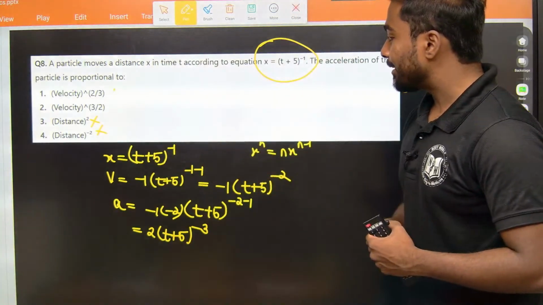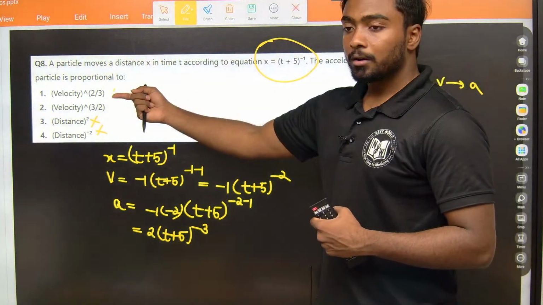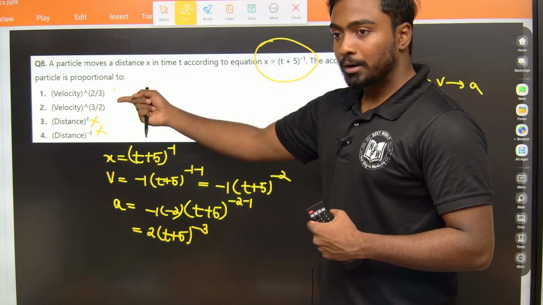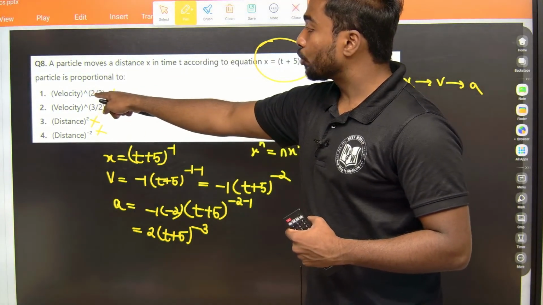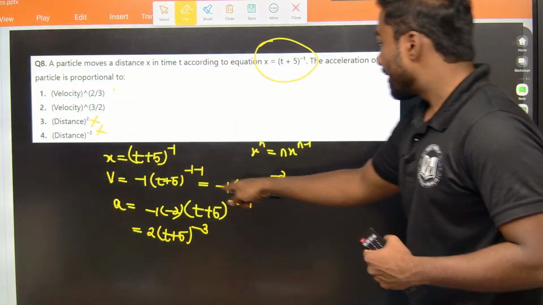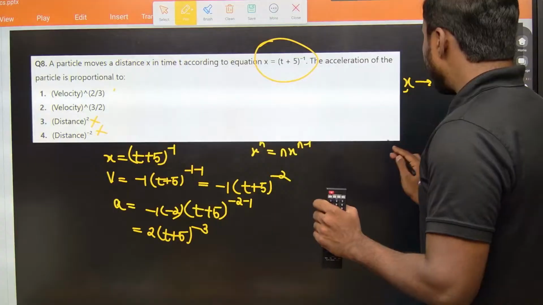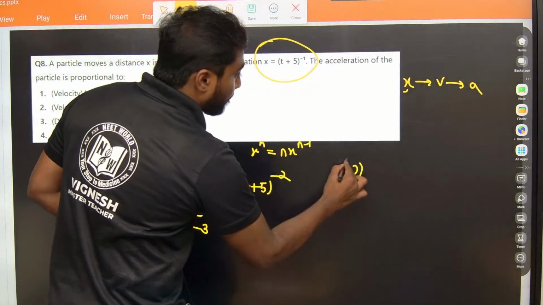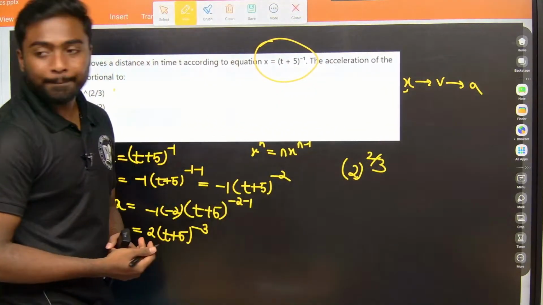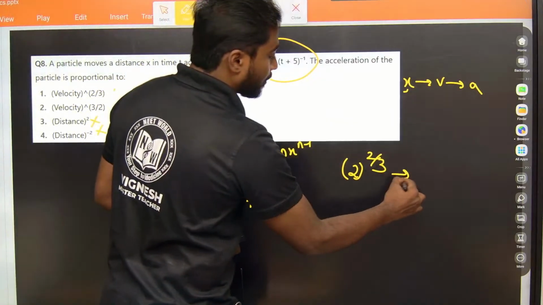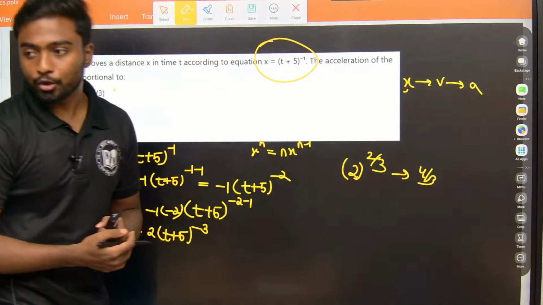But when I see option 1, it is velocity power 2/3. Here it is power 2. When you simply take 2 power 2/3, what will happen? I will get 4/3, right?